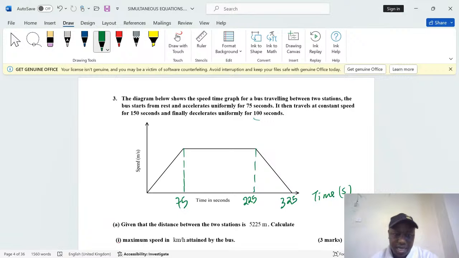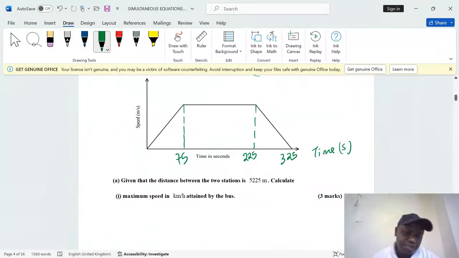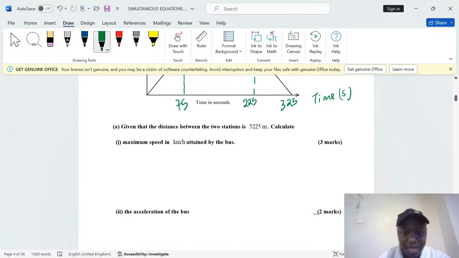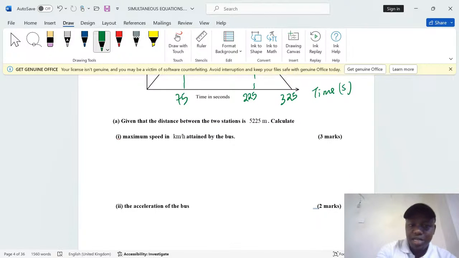Then we are told that the distance between the 2 stations is 5225 meters. Calculate part 1, the maximum speed in kilometers per hour attained by the bus. When we're talking about a maximum speed now, we approach it like number 2 up there. We'll be talking about a total distance being given by area under the graph. The area is trapezoidal.